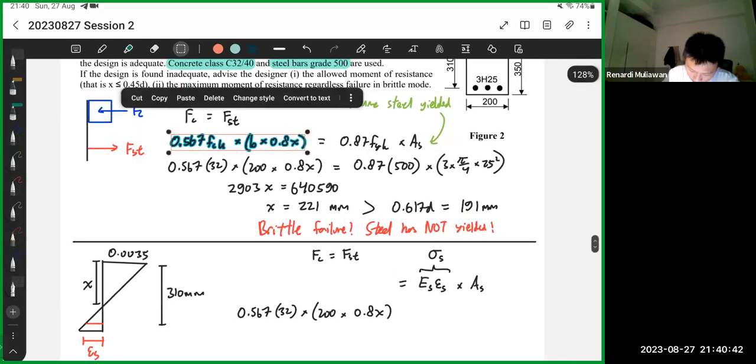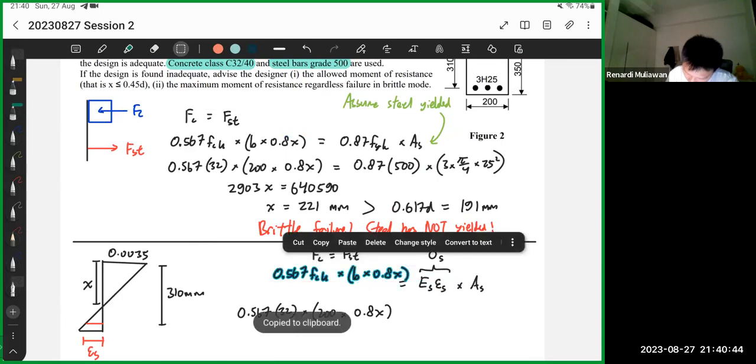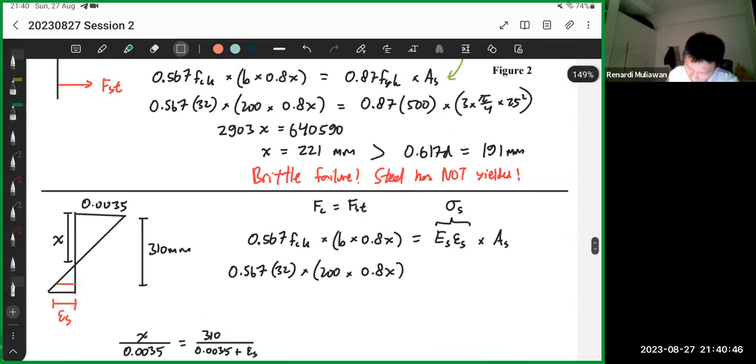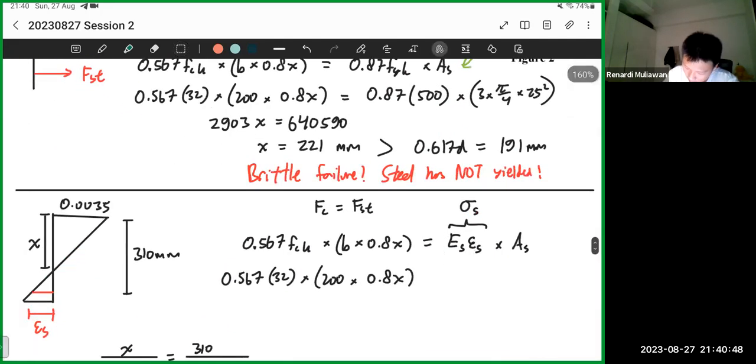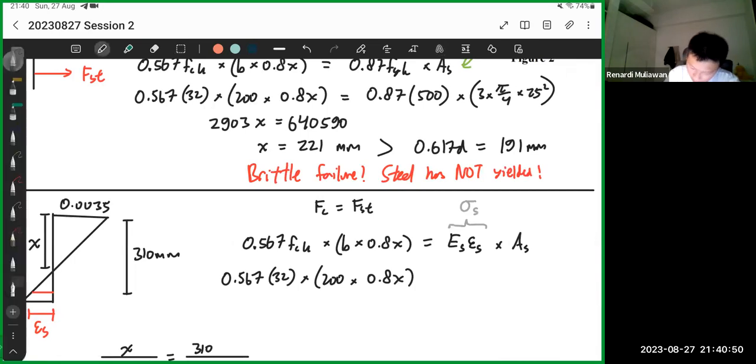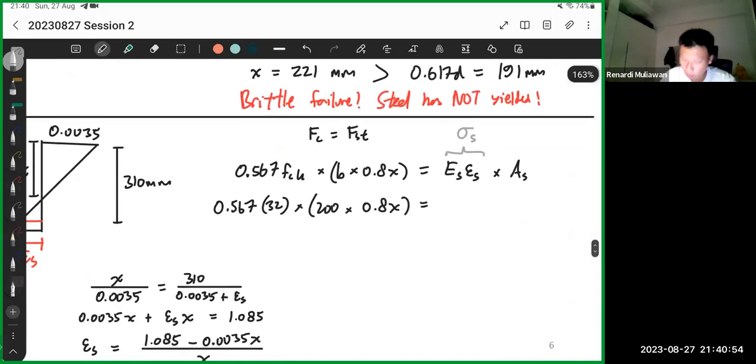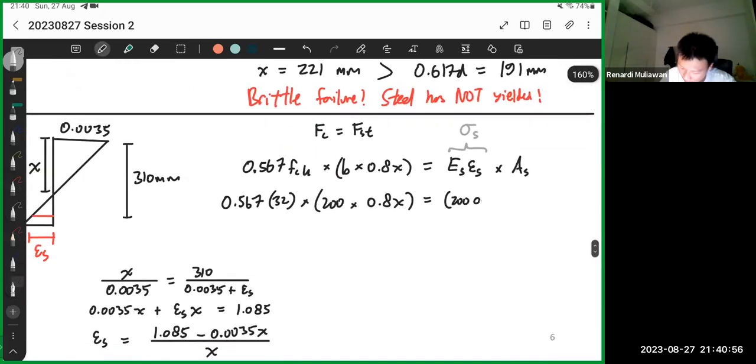ES is a set value. According to Eurocode, it's 200,000. In steel design they use 210, but in this course you can just use 200,000.